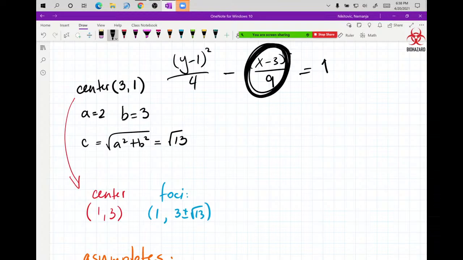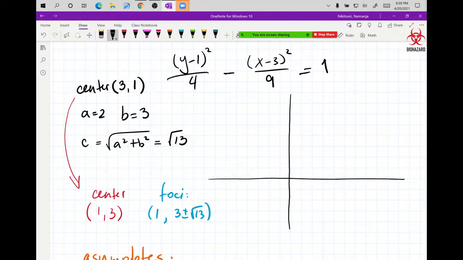The x coordinate is here, and it's x minus h. So h is 3. And then k is 1. All right. So let's try this graph again. Hopefully better and correct this time. I completely missed that I did this backwards.